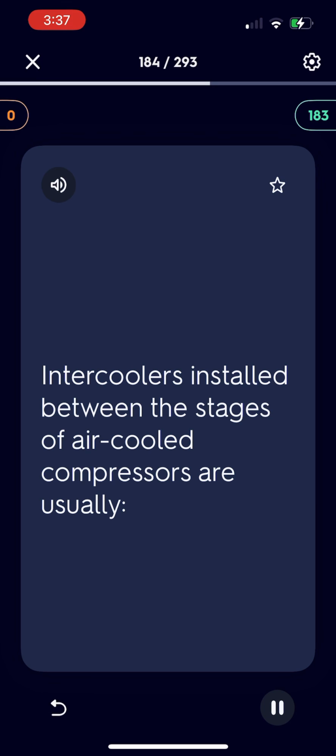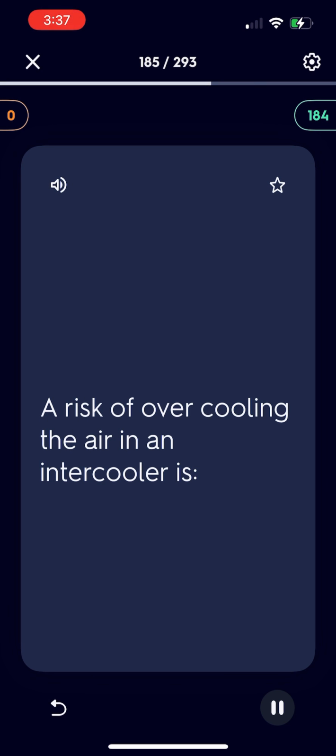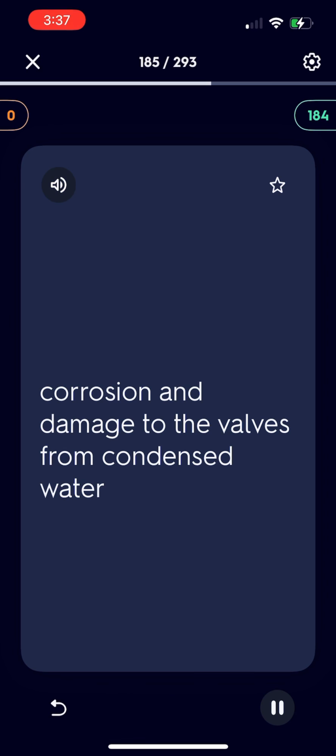Intercoolers installed between the stages of air-cooled compressors are usually air-cooled. A risk of overcooling the air in an intercooler is corrosion and damage to the valves from condensed water.